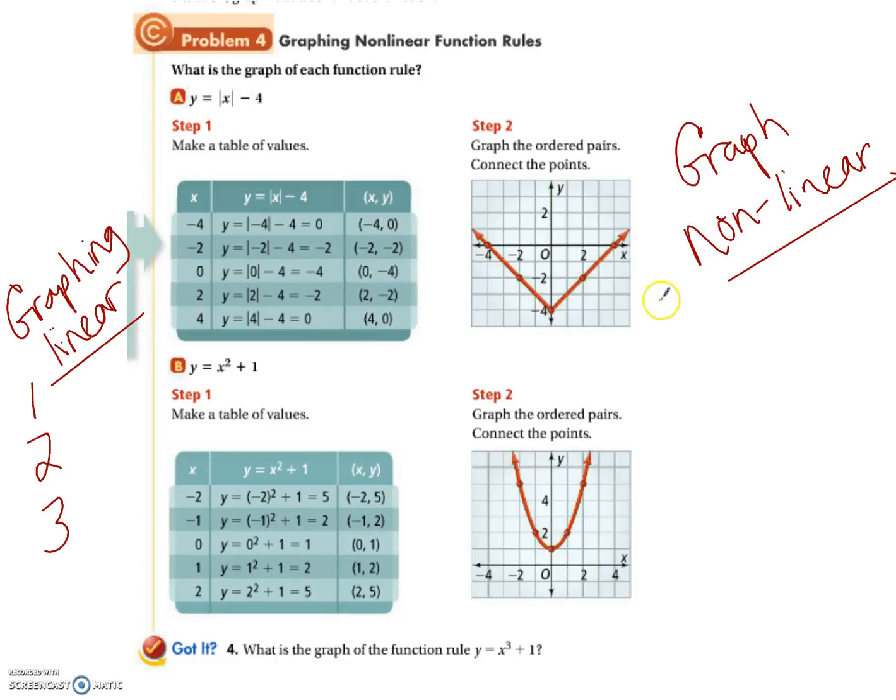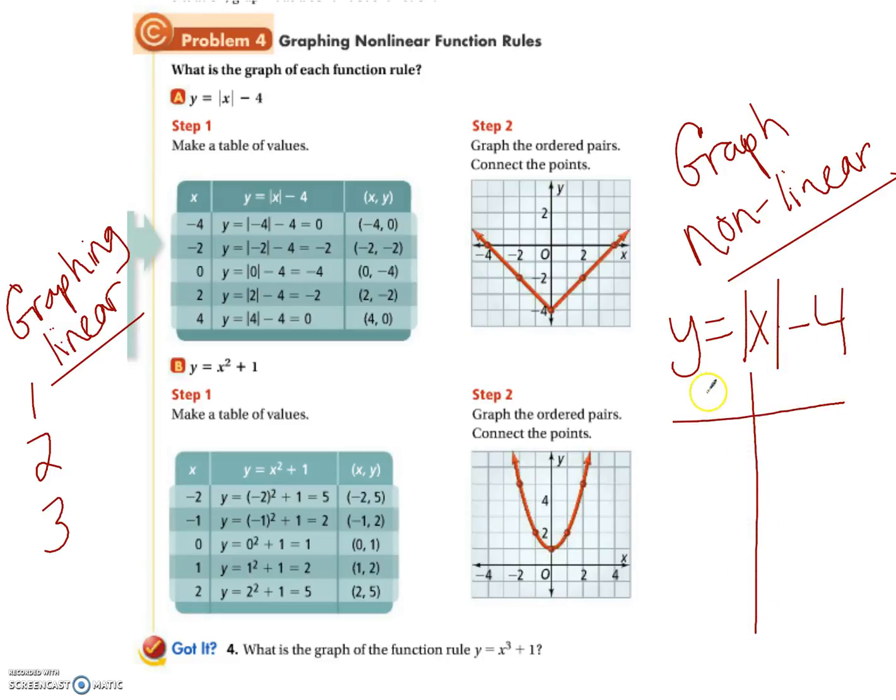So our first equation is going to be y equals the absolute value of x, minus 4. Okay, so we're going to make our table. We can do negative 2, negative 1, 0, 1, 2. Negative 2: the absolute value of negative 2 is 2, and then minus 4. 2 minus 4 is negative 2.